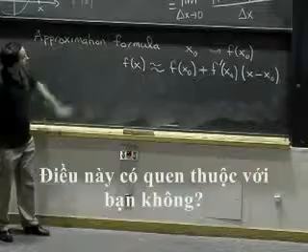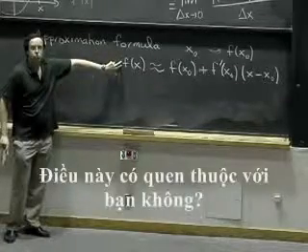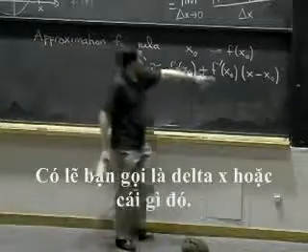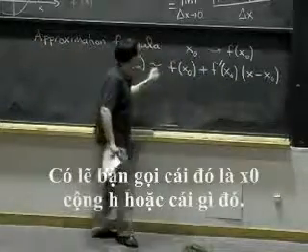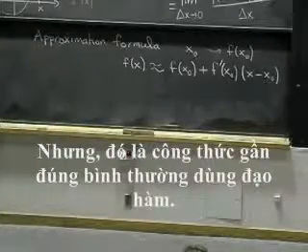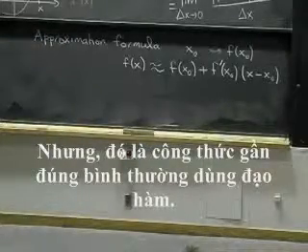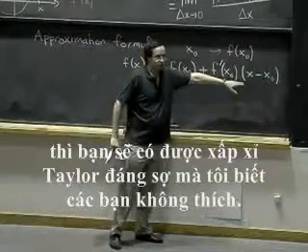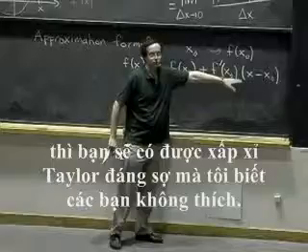Okay? Is this kind of familiar to you? Maybe with different notations. Maybe you called that delta x or x0 plus h. But it's the usual approximation formula using the derivative. If you put more terms, then you get the dreaded Taylor approximation that I know you guys don't like.